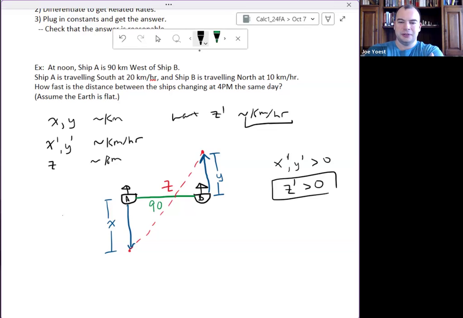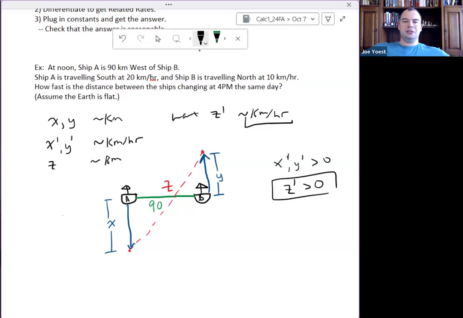If I imagine that the ships were further apart east and west, if they were super far apart, you know, 1 million kilometers east and west apart, where we have a flat Earth and it's as far out as we want to go.